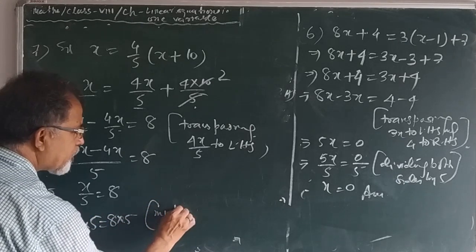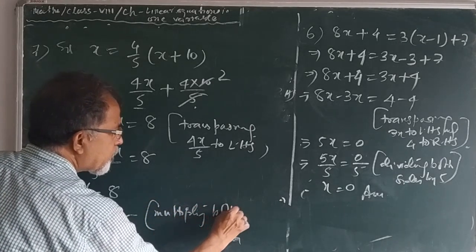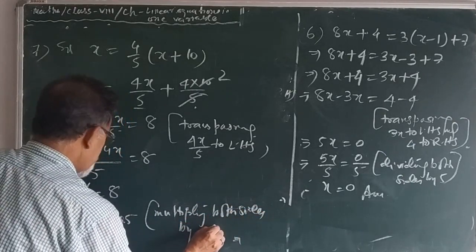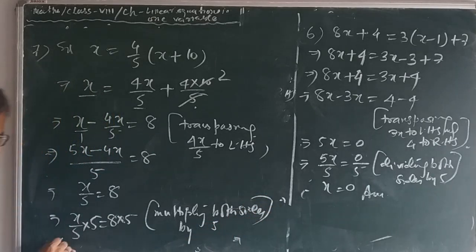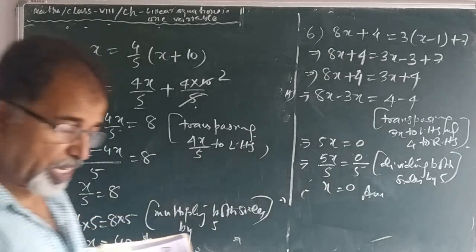Multiplying both sides by 5, we get x equal to 40, which is the required solution of the equation.